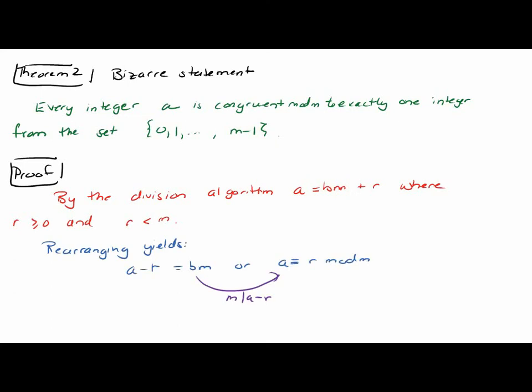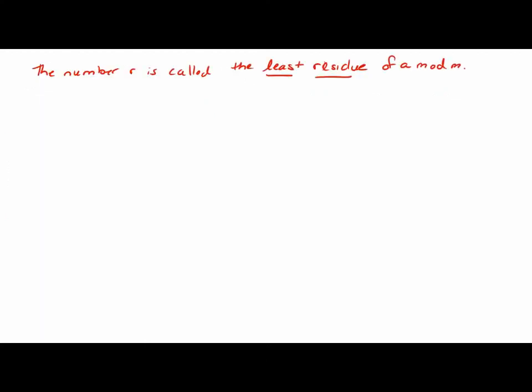So rearranging terms tells you that M divides A minus R, and that R is going to be limited by 0 to m minus 1. You can't go higher than m minus 1 because that defeats the definition of a remainder. So that's a pretty simple proof.